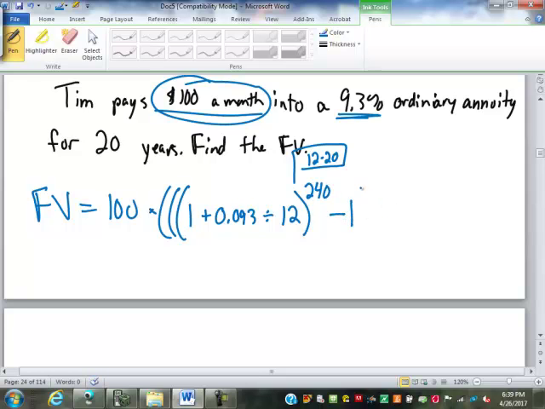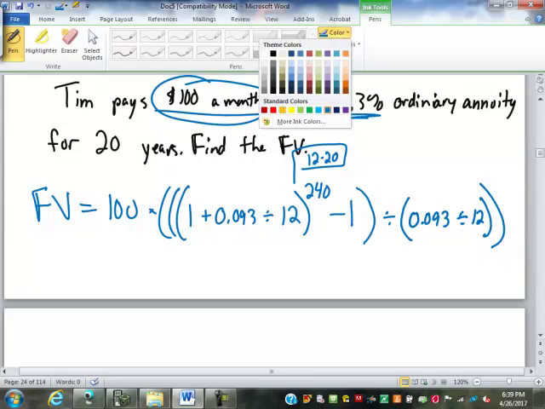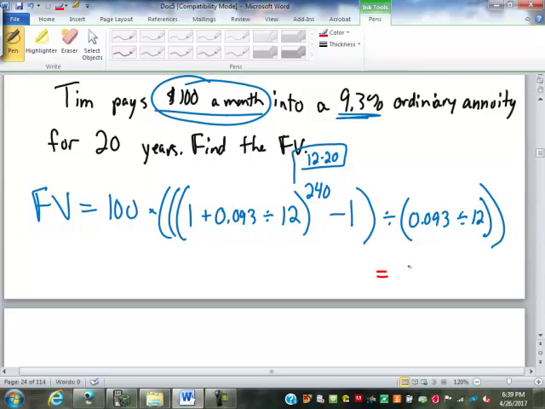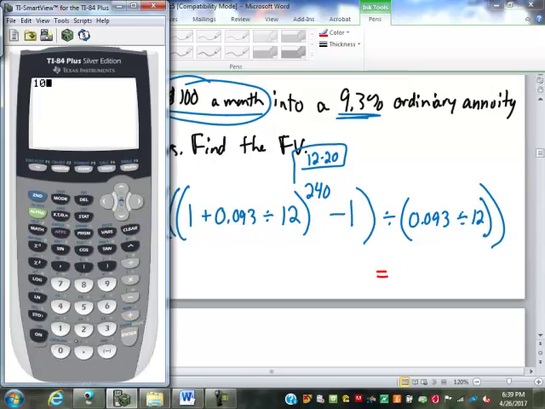Then minus 1. Close parentheses. Divided by. Open parentheses. What goes in here? 0.093 divided by 12. Close and close again to finish off our parentheses. So 100 times 1, 2, 3. 1 plus 0.093 divided by 12. Close.